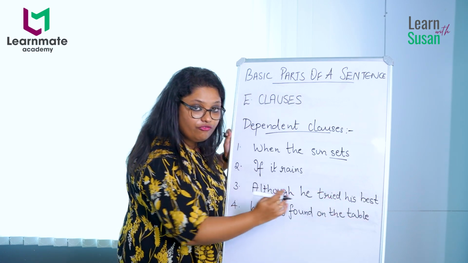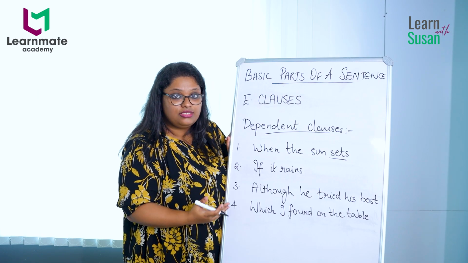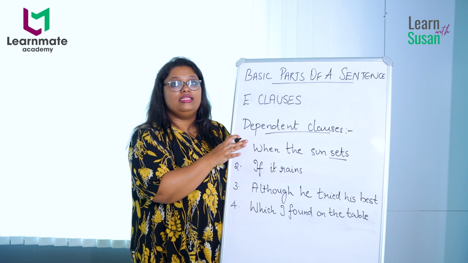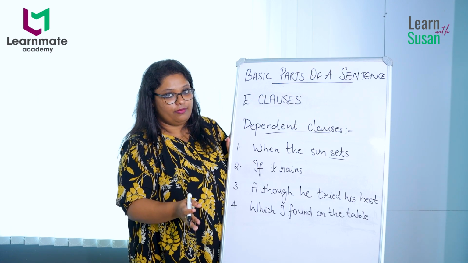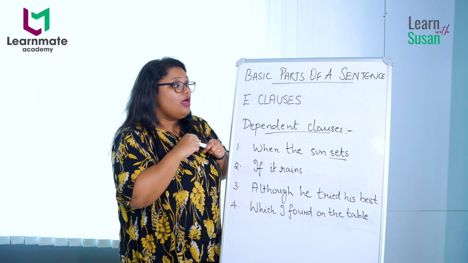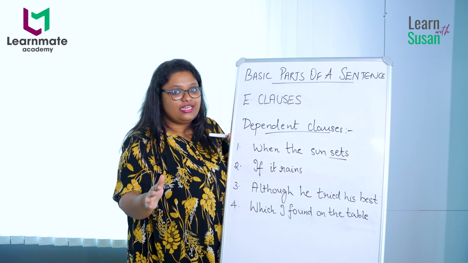We do not use any full stops, because these are dependent clauses without any particular meaning. But they also contain a subject and a verb. So always make sure you are able to easily identify the dependent clauses and the independent clauses in any sentence of English.